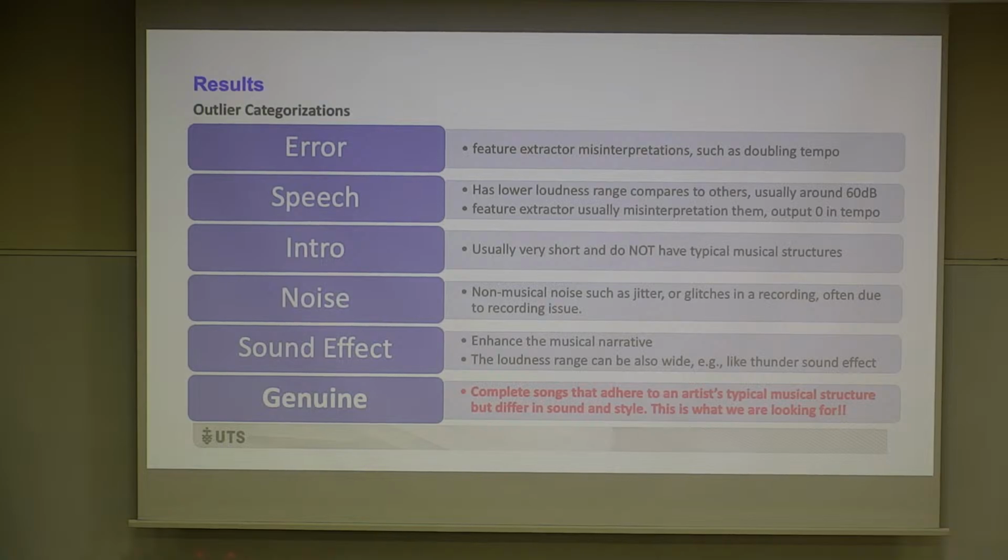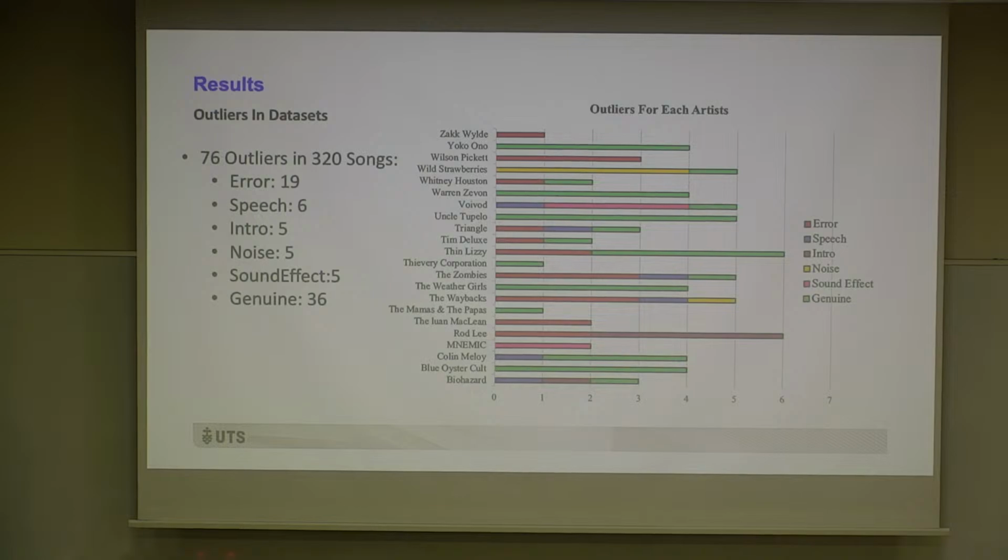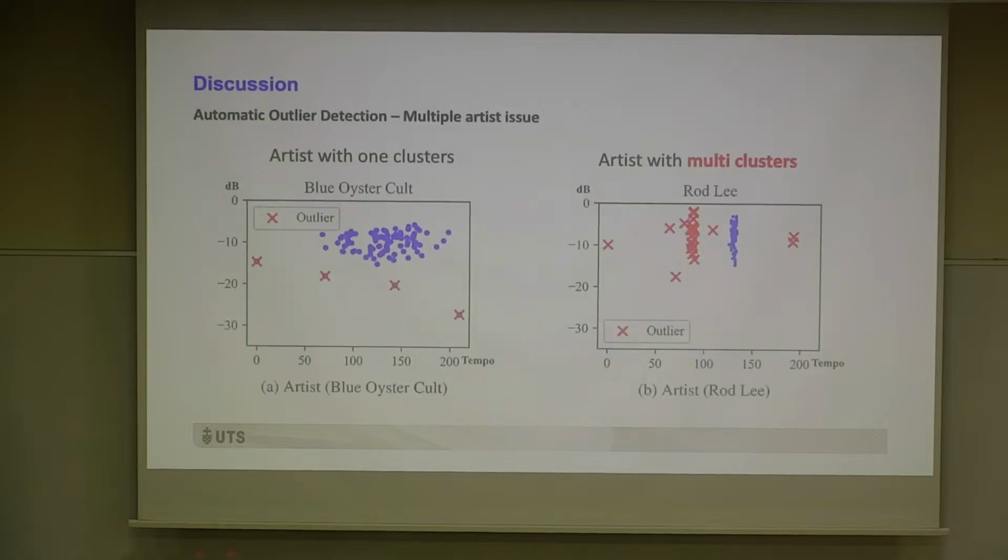For the result on the dataset, we found 76 outliers out of 320 songs: 19 errors, 6 speech, 5 intro, 5 noise, 5 sound effect, and 36 general outliers.